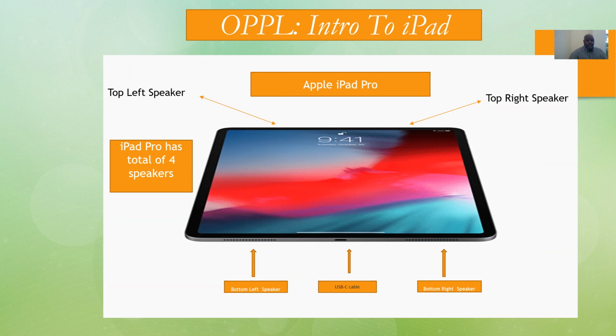Instead of the 16-pin access for charging or transferring data from one unit to the other, this uses a USB-C cable, meaning that it's the newer, fatter port that goes in there and connects. So it's a little different from the other ones, but it's the same one that they have on the newer Android phones.